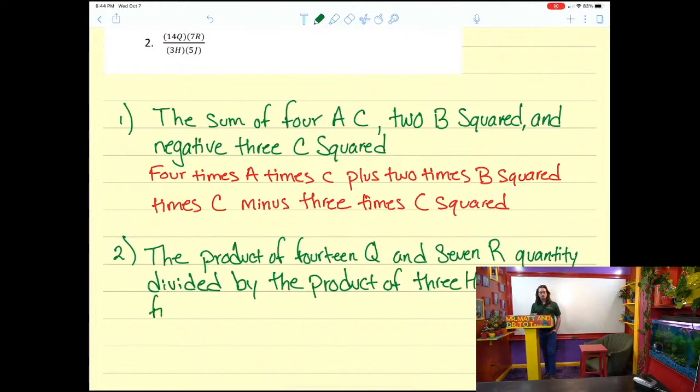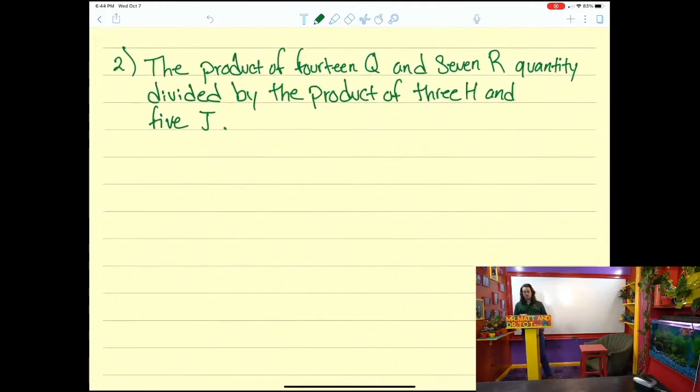And you could have also written that out longhand, so you literally could just say 14 times q times 7 times r, quantity divided by 3 times h times 5 times j. Either of those are exactly equivalent expressions.